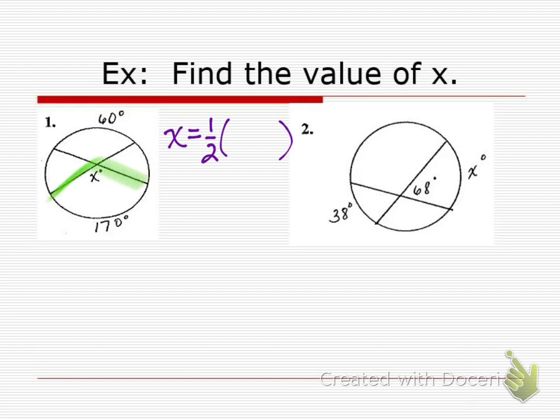If you need to, you can trace over it. What arc is intercepted by the angle that we traced? X is the angle. What is it? 170. So that's one of the arcs that I need. Plus, what arc is completely opposite from it? 60. So those are the two arcs that I need to add together to find that angle.